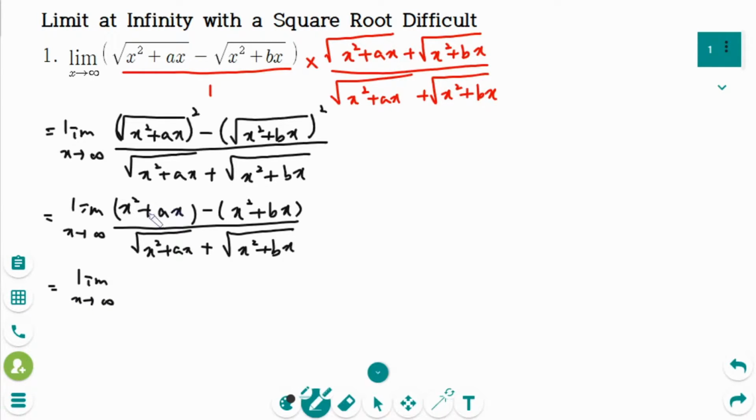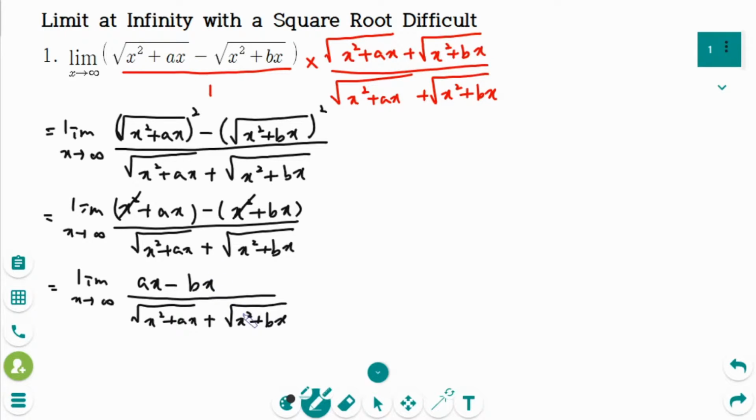And then simplify. We can cancel x squared minus x squared, then ax minus bx over square root of x squared plus ax plus square root of x squared plus bx.